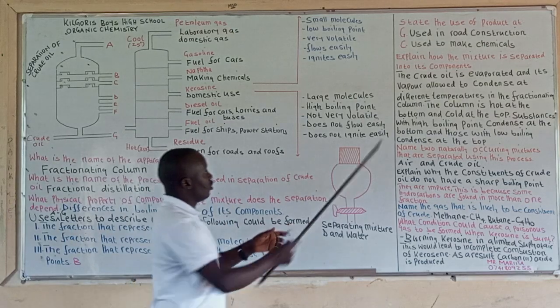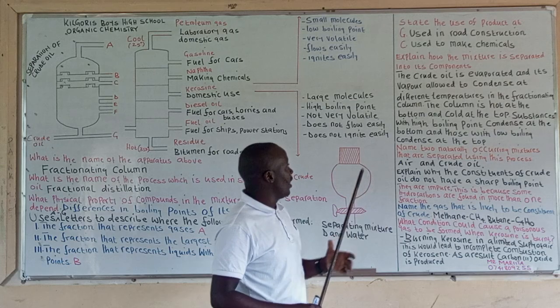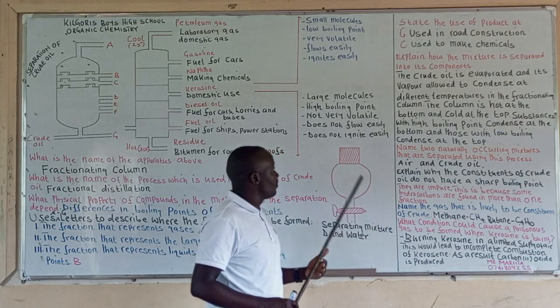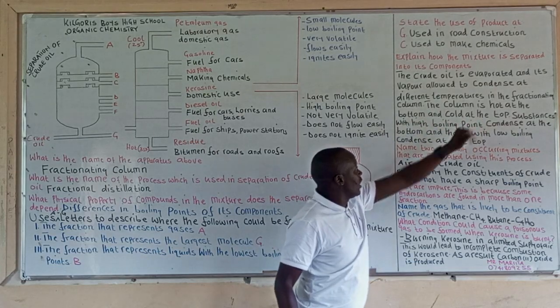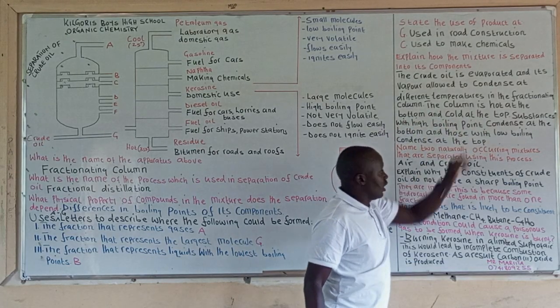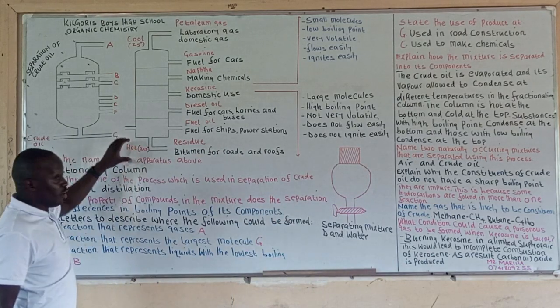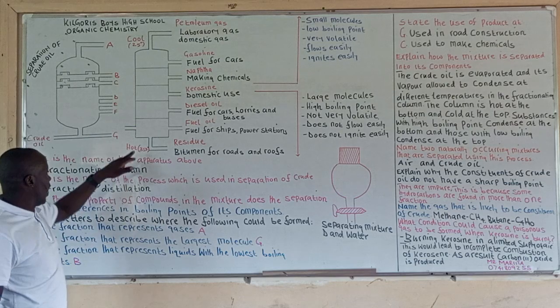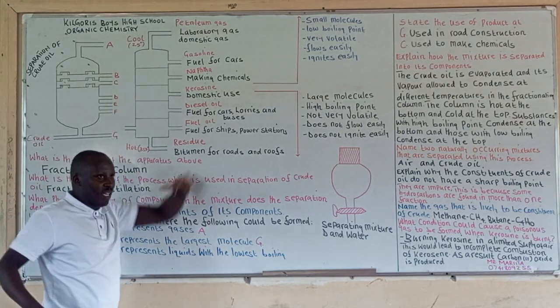So in this case, crude oil is evaporated and the vapor is allowed to condense at different temperatures in the fractionating column. The column is hot at the bottom and cold at the top. At the bottom here, it is very hot, the temperature is very high, up to 350 degrees. And at the top, the temperature is very low.